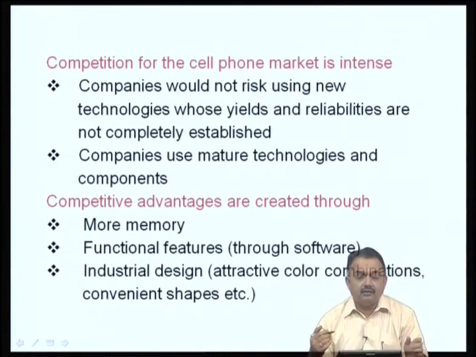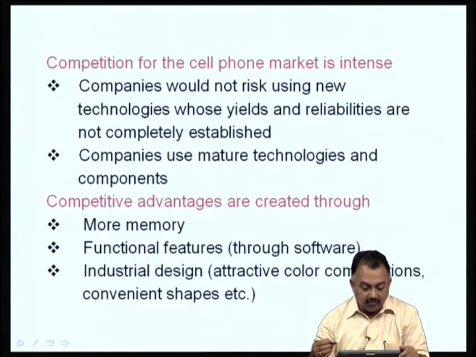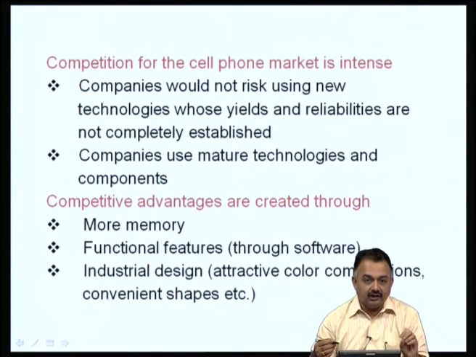And market or revenue wise, competition for the cell phone market is intense, and therefore, when you use a new technology in your product, make sure that you have yield giving models, which means the reliabilities of such a technology should be well established.